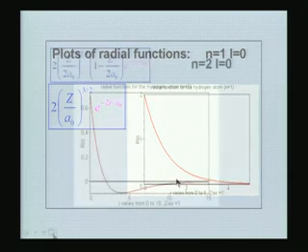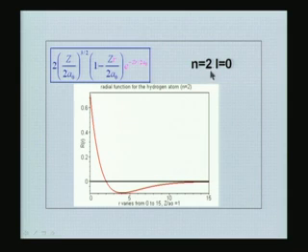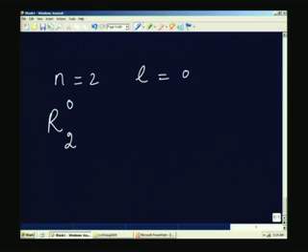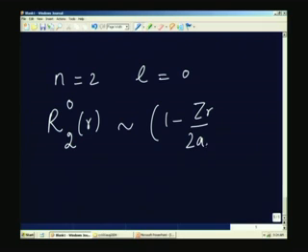The next function is for n equal to 2 and L equal to 0. Let me write this out. For n equal to 2, L equal to 0, the radial function R_nL of r, R20, is roughly 1 minus Zr by 2a0 times e to the minus Zr by 2a0.